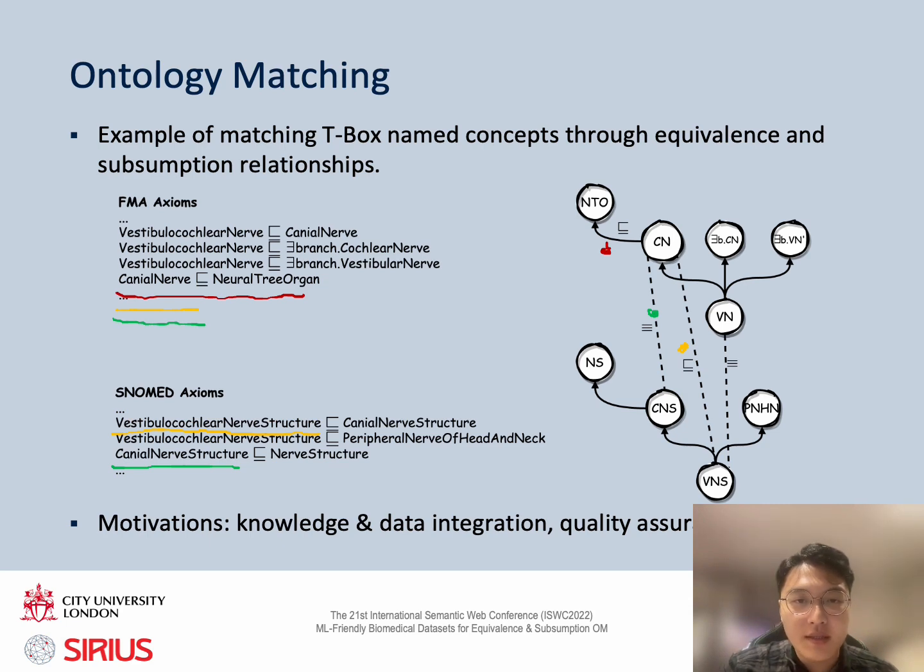So through these equivalence and subsumption mappings, we aim to achieve knowledge and data integration, or we can conduct quality assurance by, say, detecting the errors of each input ontology.